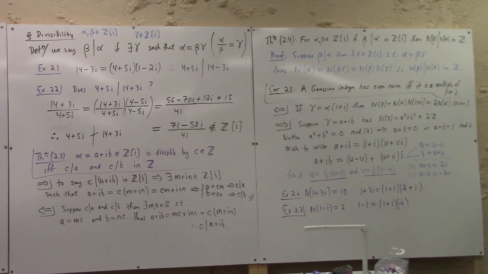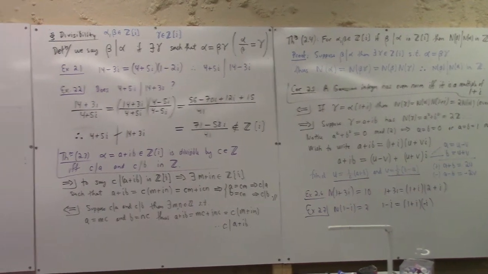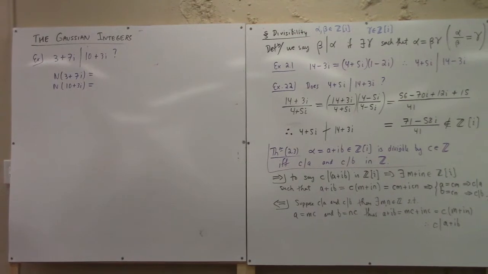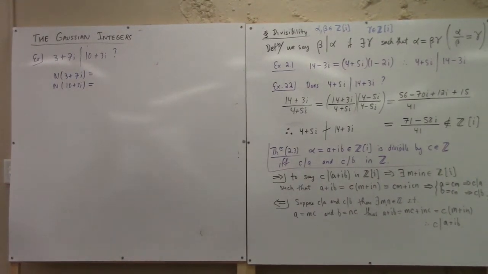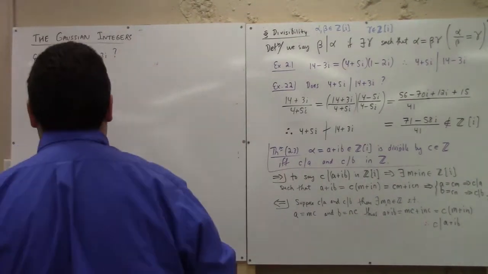Well, you guys tell me, what's the norm of 3 plus 7i? What's the norm of 10 plus 3i? 9 plus 49 is 58. Yeah, 9 plus 100 is 109. All right. So I heard we got 58 for the first one, 109 for the second one, right?